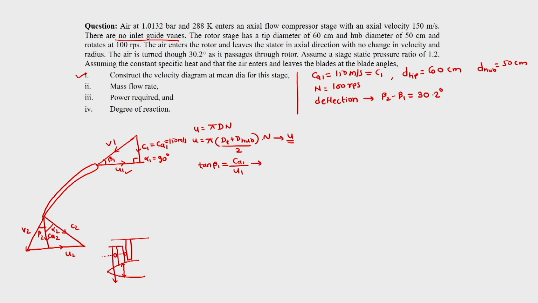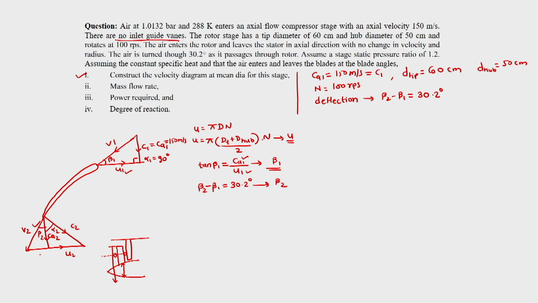Here we know CA1 and U1, so we can find beta 1. We are told that beta 2 minus beta 1, the deflection of the flow, is 30.2 degree, so we get beta 2 also from this formula. So beta 2 is known to us now.